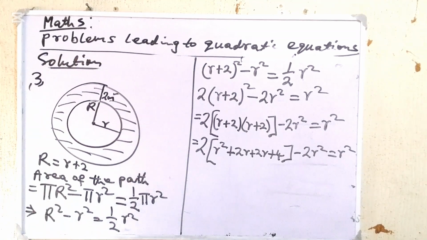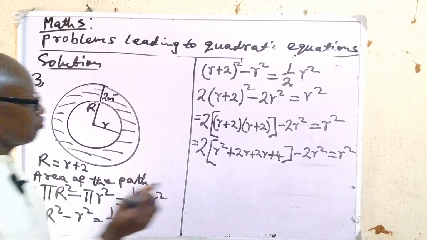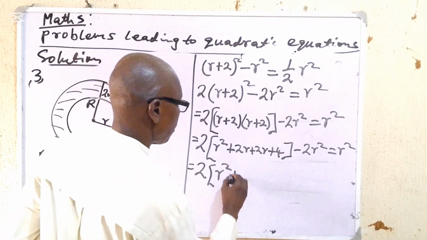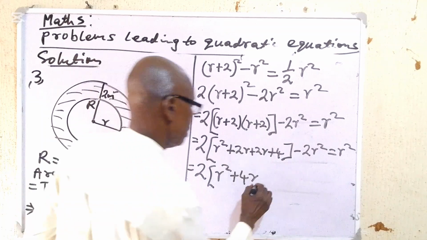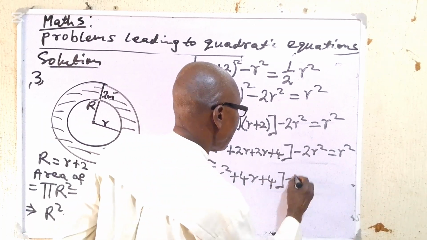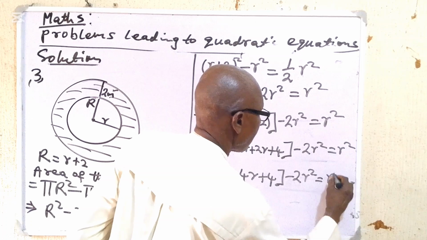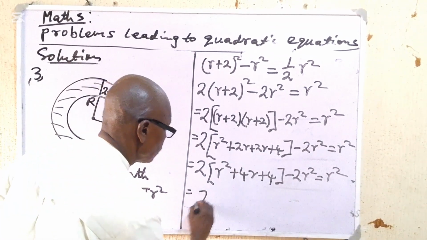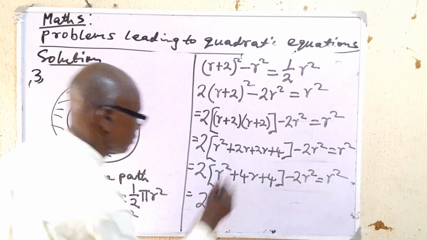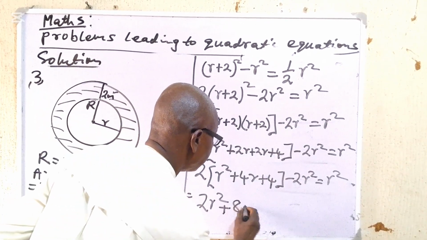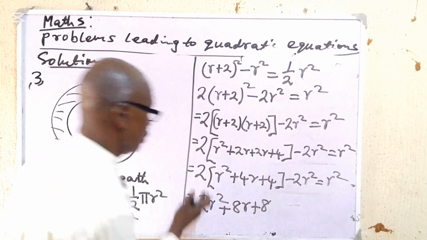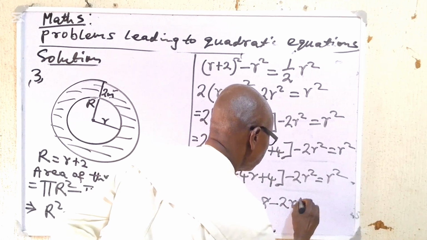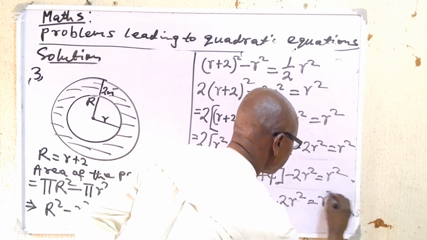Okay. Now we collect like terms and move on. That will give us 2 into r squared plus 4r, that's 2r plus 2r, plus 4, minus 2r squared equal to r squared. Then opening our bracket, we are going to have 2r squared plus 8r plus 8, using 2 to multiply whatever is in the bracket, minus 2r squared equal to r squared.